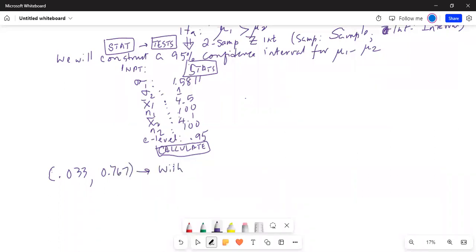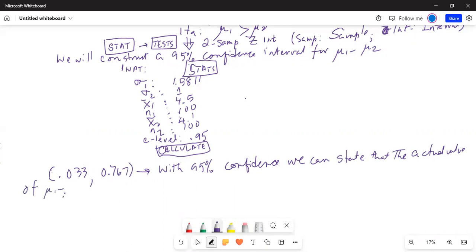With 95% confidence, we can state that the actual value of mu1 minus mu2 will fall between 0.03 and 0.77.